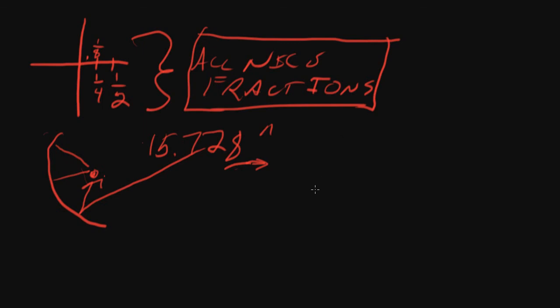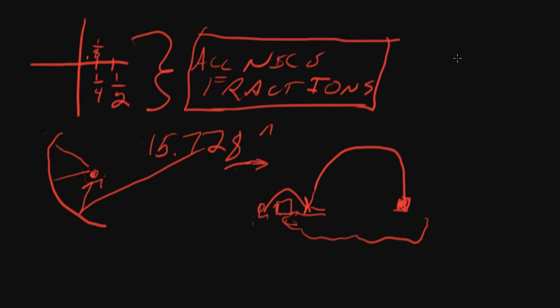When working on a fountain and figuring out the trajectory of the water stream so that you know where to place the spigot so that it comes within a certain distance of the edge and the splash doesn't go out onto the sidewalk, you are not going to have a nice fraction.